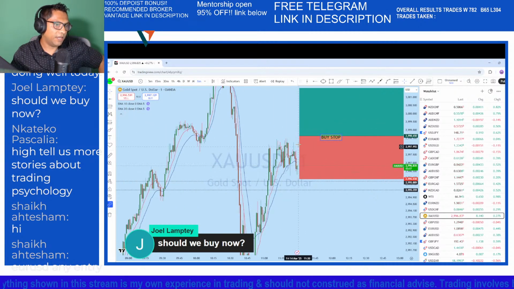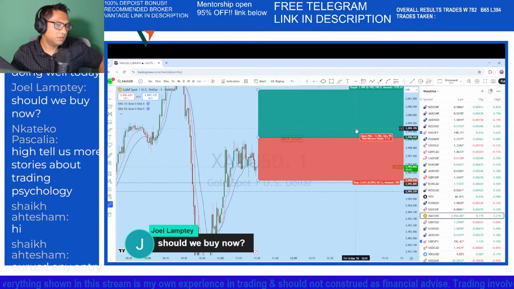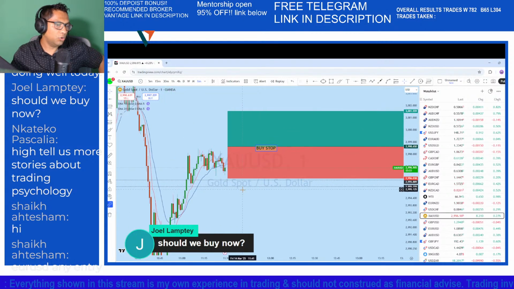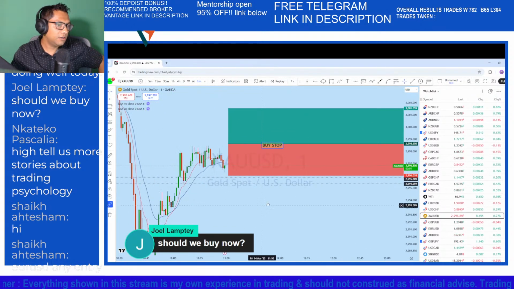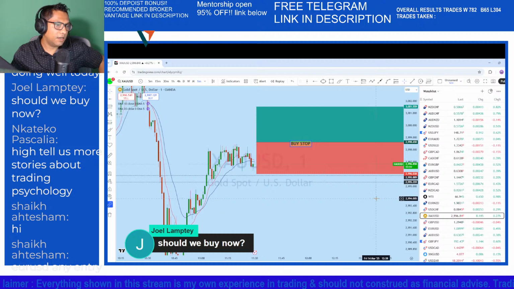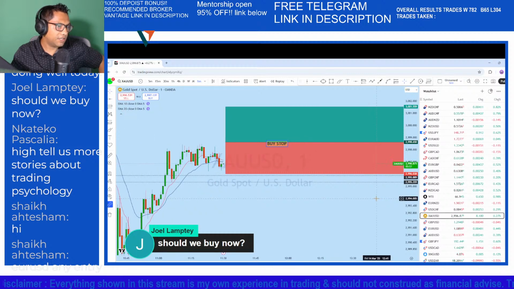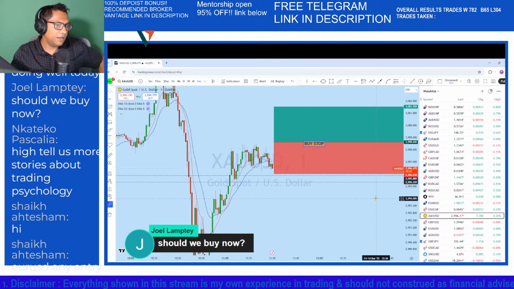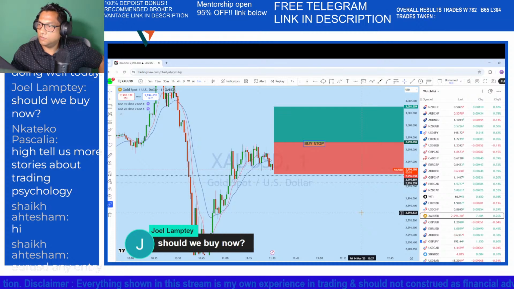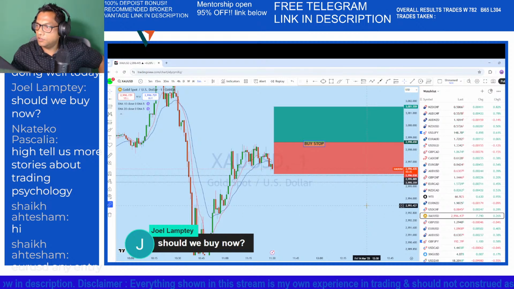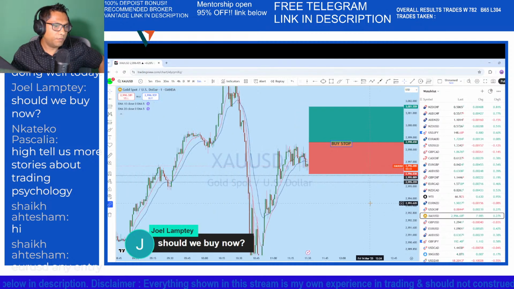In that case, we might see that bounce. There's a narrow bullish candle formation here. See how the market might be reacting to that level. And yes, we can see the backward move here.